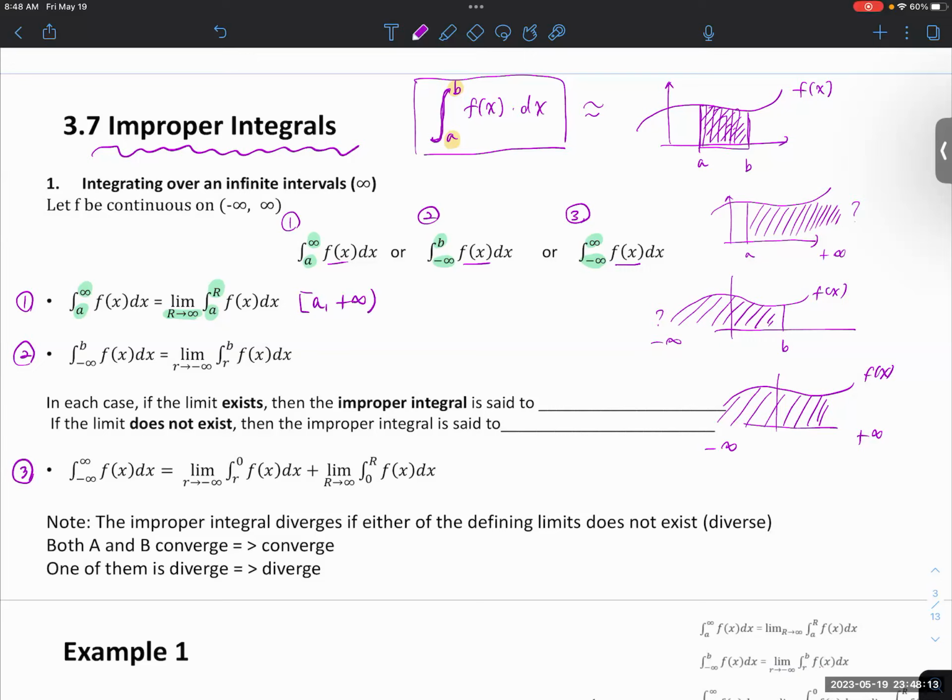Second case is from negative infinity to b. Same thing, you're going to fix b. Instead of infinity, you're going to use another letter r, because that is what gets involved with infinity. So r is approaching negative infinity.